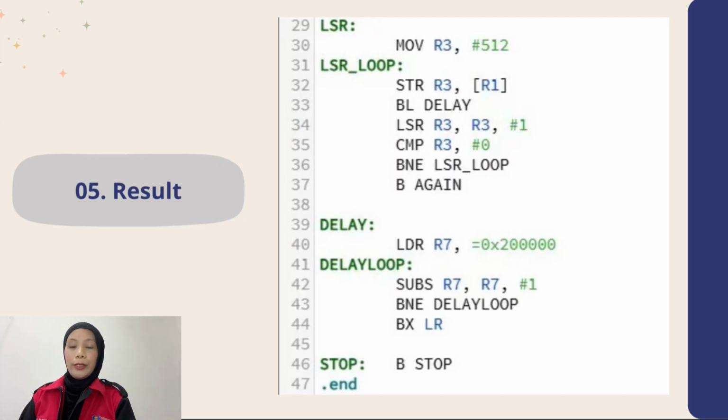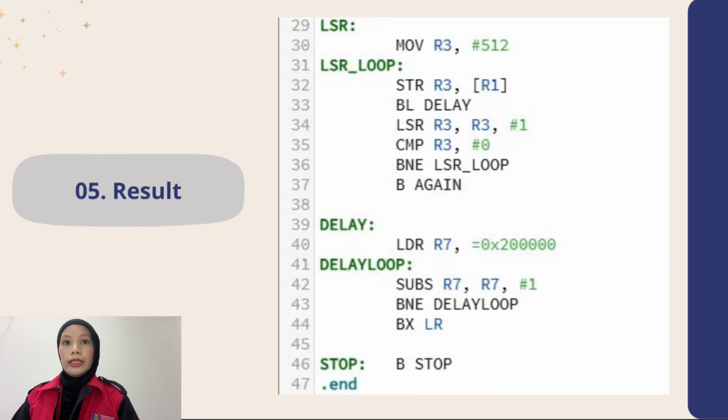Hi and Assalamualaikum. My name is Nurul Faiza binti Abdul Rashid. So I'm going to present the next part of the coding, which is for switch 4. For line 29, this label marks the beginning of the LSR subroutine.